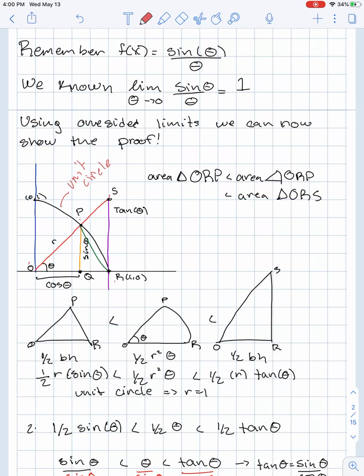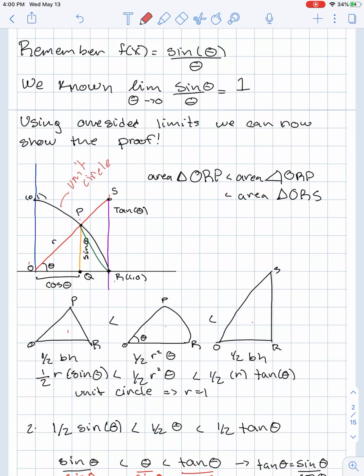I drew them here at the bottom: the small triangle in the middle of the sector, and then the big triangle. The area of the smaller triangle is less than the area of the sector, which is less than the area of the big triangle, because we can see graphically that they fit inside of each other.